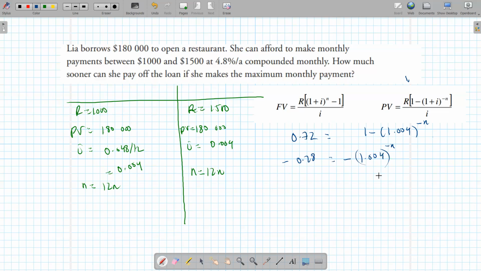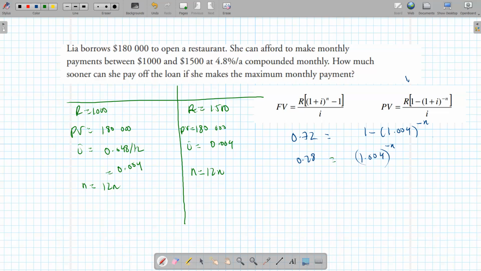Whenever you have negative signs on both sides, they cancel out. Like if you have negative 3x equals negative 6, you can cancel the negative signs. That's what we do here.